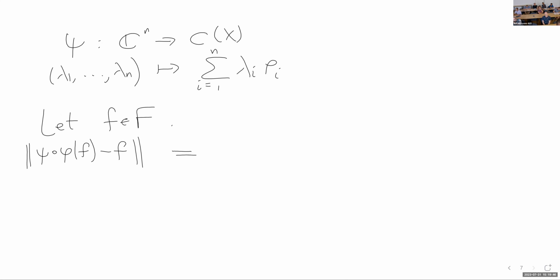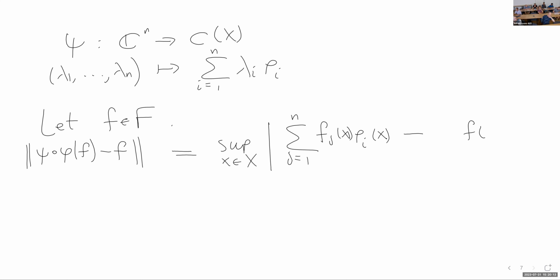This is the supremum over x in X. These are the point evaluations and this is the linear combination. So it's going to be the sum, i equals 1 to n, of f(x_i) rho_i(x), minus f(x).